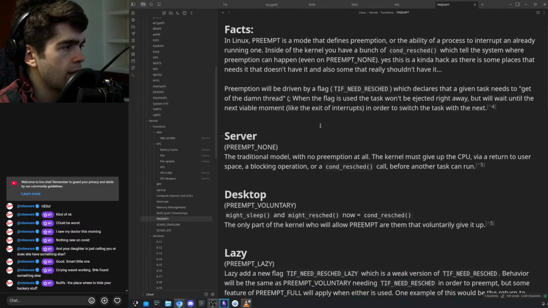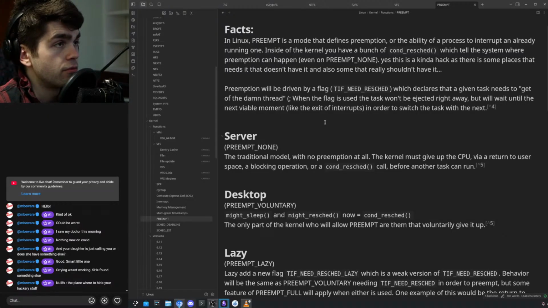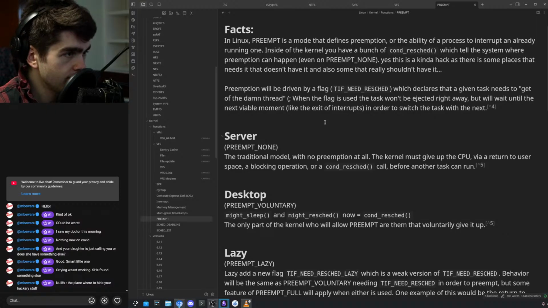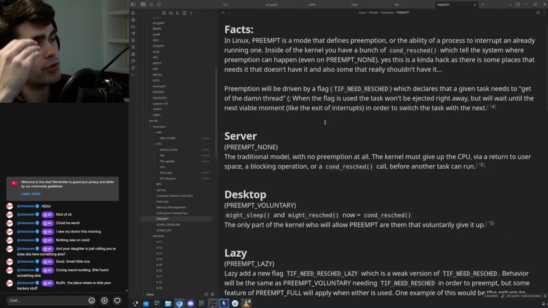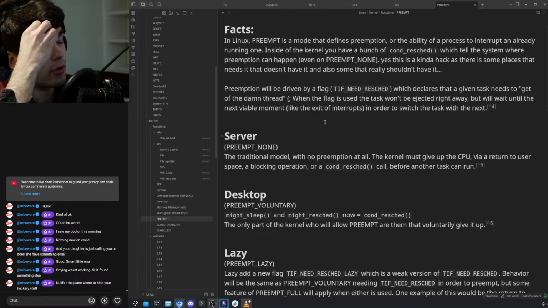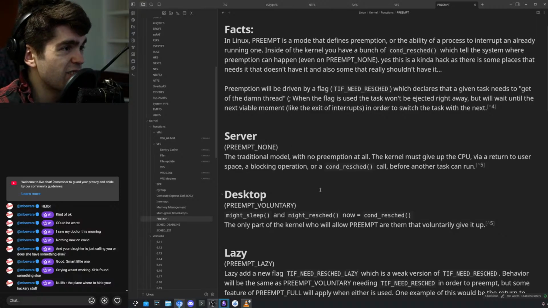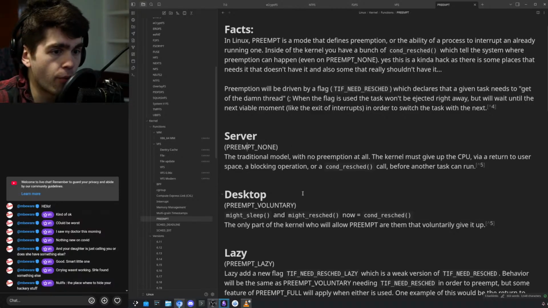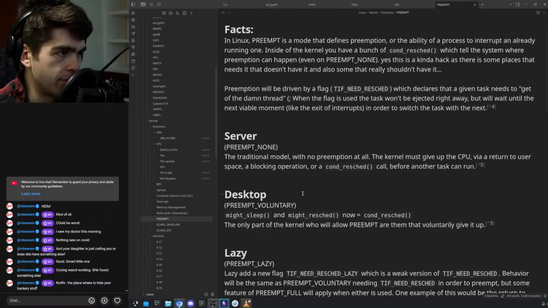Okay. Now, the way that it works since the start of the kernel, probably not, but whatever, is that we have these different modes that do way different things. So we have preempt none, which is server mode, which essentially says, unless the kernel explicitly says that at this specific point we release all management, just do your thing, you cannot preempt.